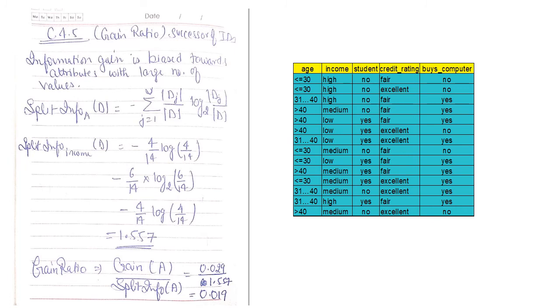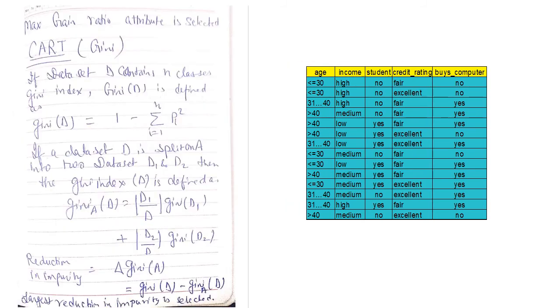This is the value we received for gain ratio. For selecting the attribute at the top level, the attribute with maximum gain ratio is selected. Similar to ID3 selecting maximum gain, here we are selecting maximum gain ratio. Fine with that. Now we come to our third algorithm, which is CART.